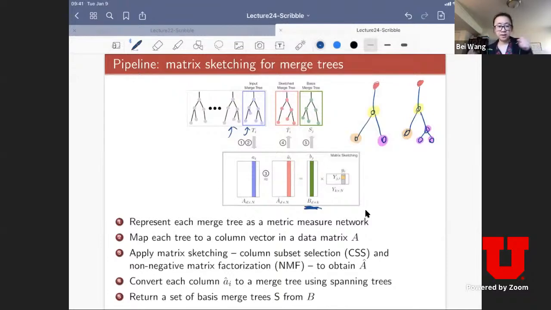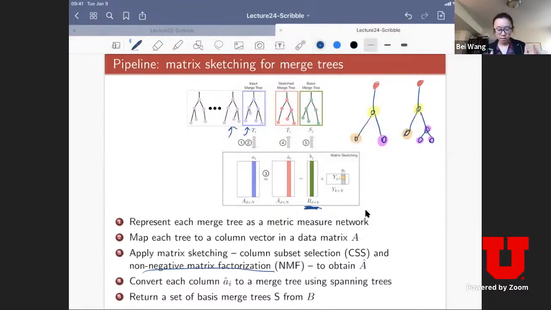The second is called non-negative matrix factorization. It's actually factoring the matrix into a matrix B and matrix Y. So matrix B's columns may not come from the original input. It might be some new basis that I'm trying to find.